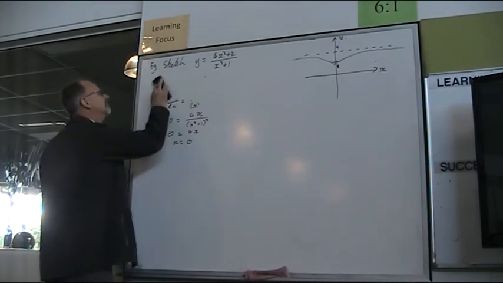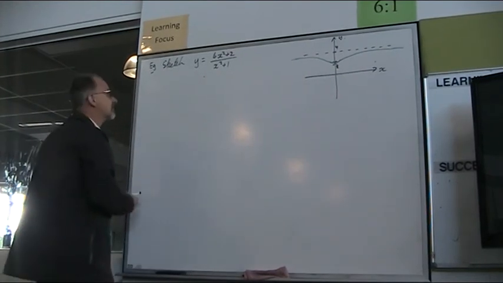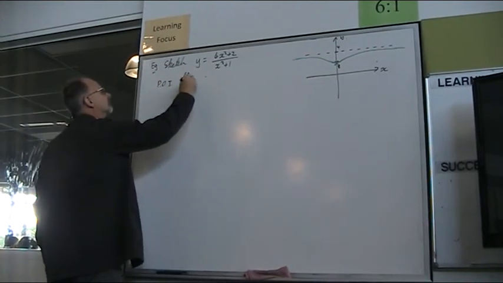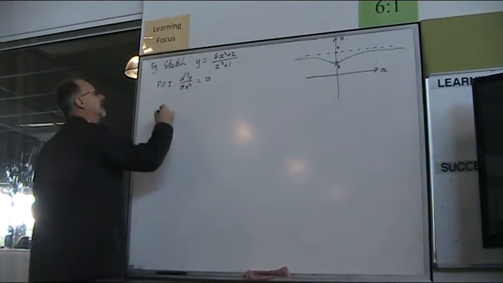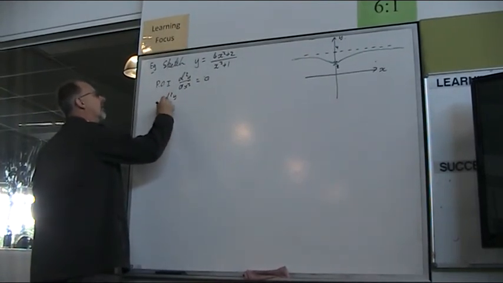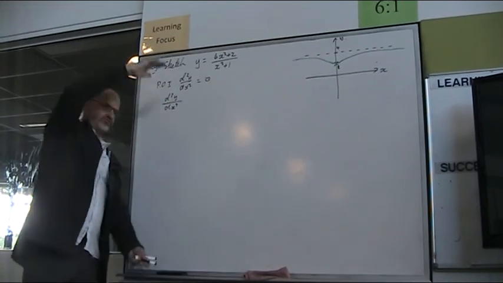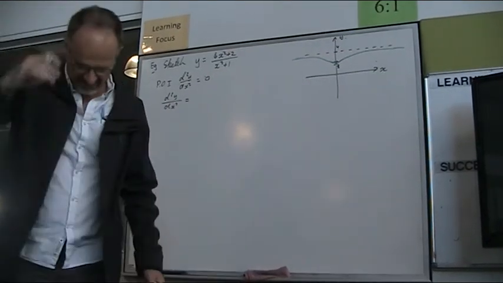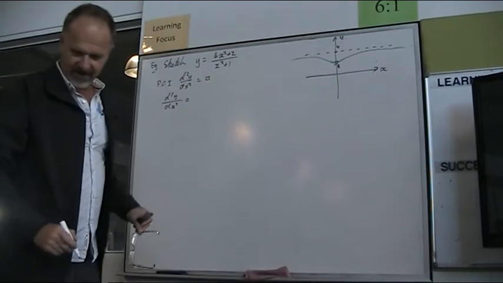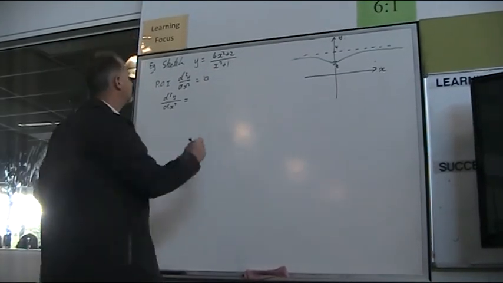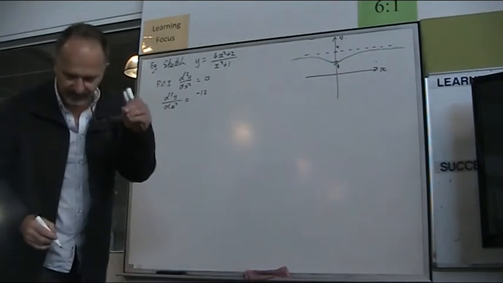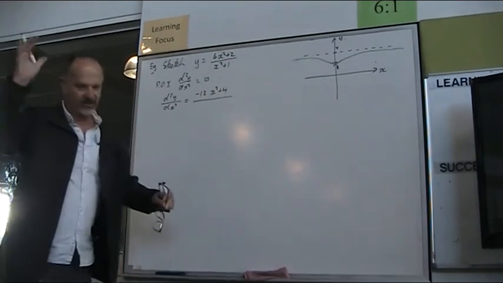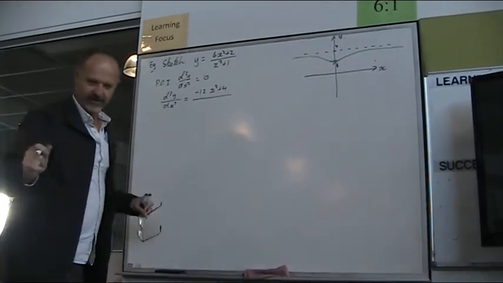So let's have a look, see if there is. Points of inflection would be where the second derivative equals 0. There's lots of working out doing the second derivative, but you end up with this, because there's some cancelling that goes on.